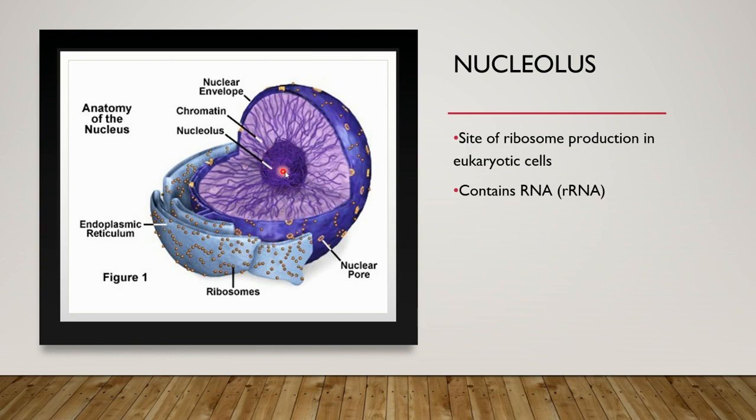Once the ribosomes are produced in the nucleolus, they migrate out of the nucleus and then bind to something called the endoplasmic reticulum. So if you look at this, once we cut out the normal nucleus, inside you have the nucleolus. This creates ribosomes. Ribosomes are these little yellow dots that you see here, and they come out of these nuclear pores and stick to this organelle called the endoplasmic reticulum.